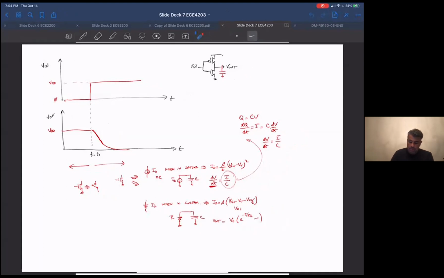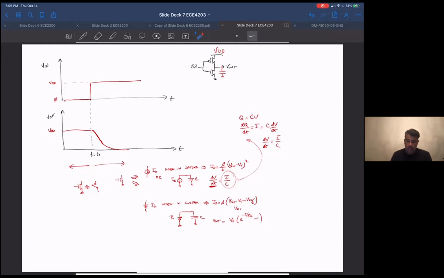Here, the output transitions. We talked about what happens, say in this case, when we're just looking at the NMOS turning on. When you go from 0 to VDD, the PMOS just turns off. Okay, that one's easy. But then the NMOS goes through both saturation and linear modes of operation.